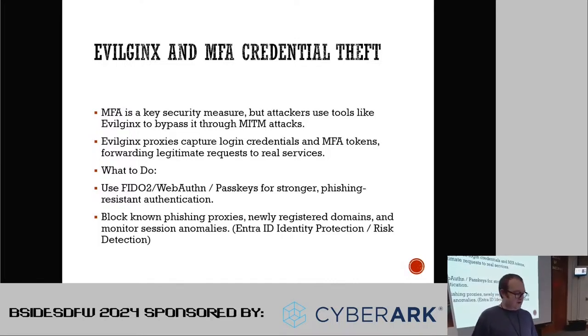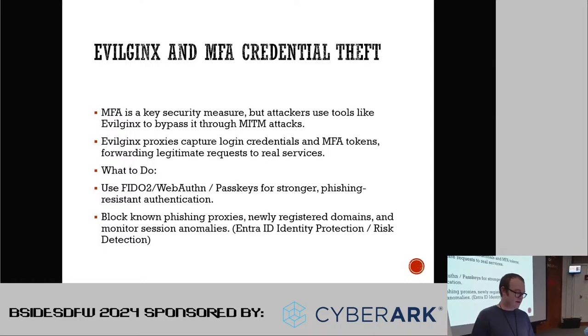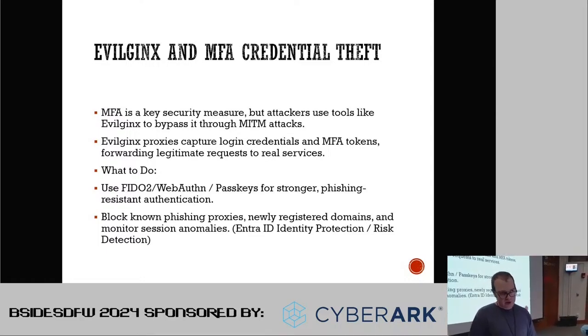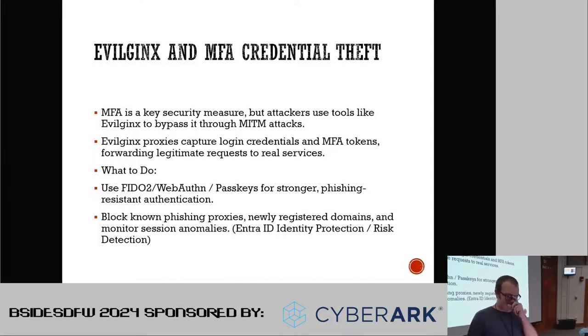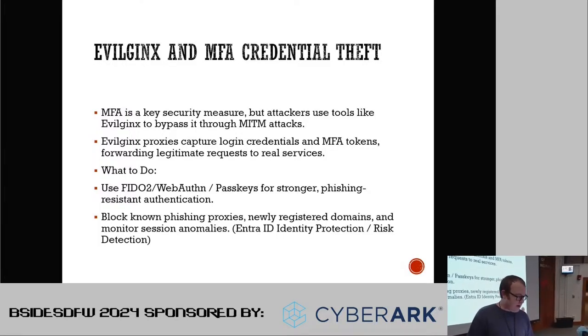The only thing that I've seen that looks like a good mitigation for this is FIDO keys, passkeys, web authentication, things that are phishing resistant, as Microsoft likes to call them. Those actually cannot be captured at this point in time by Evilginx or any of those proxies.